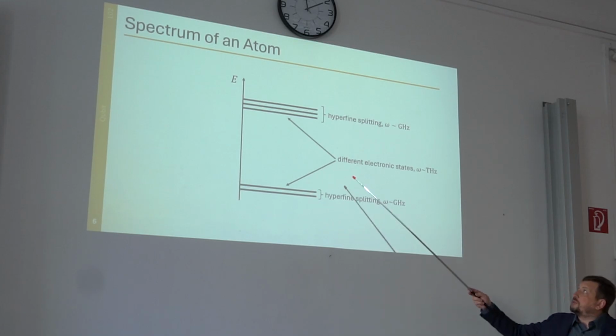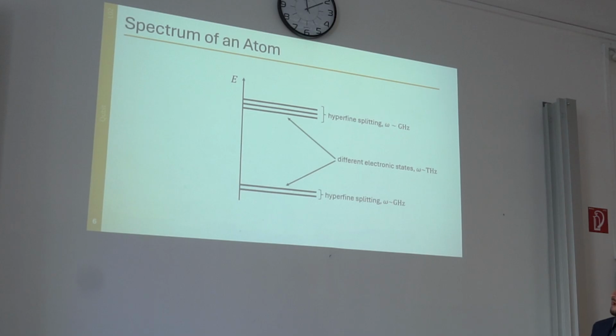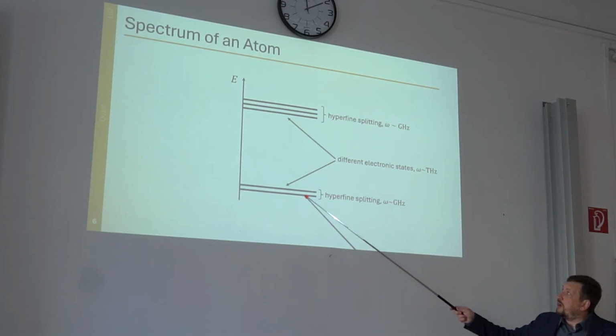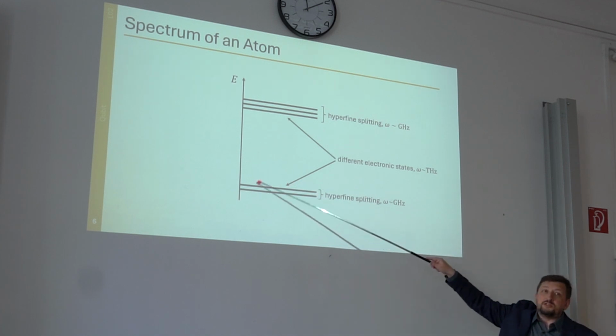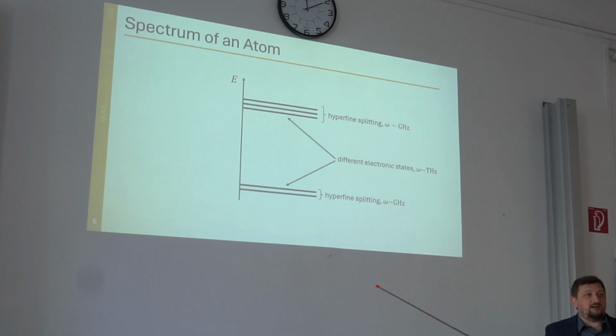So if we have a spectrum structure like this, we have hyperfine splitting. The frequencies that correspond to this transition will be on the order of gigahertz. Here we have electronic transitions, so this frequency is terahertz or hundreds of terahertz, like optical photons.